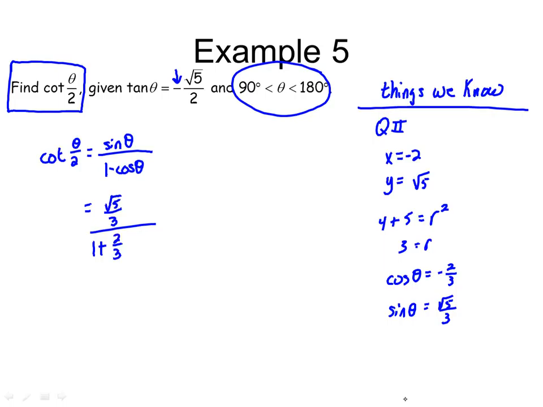So we're going to have square root of 5 over 3 over 3 over 3 plus 2 over 3, which is going to be 5 over 3. Skin over guts, so we're going to have 3 square roots of 5 over 15. And reduce the whole numbers, we're going to get the square root of 5 over 5.